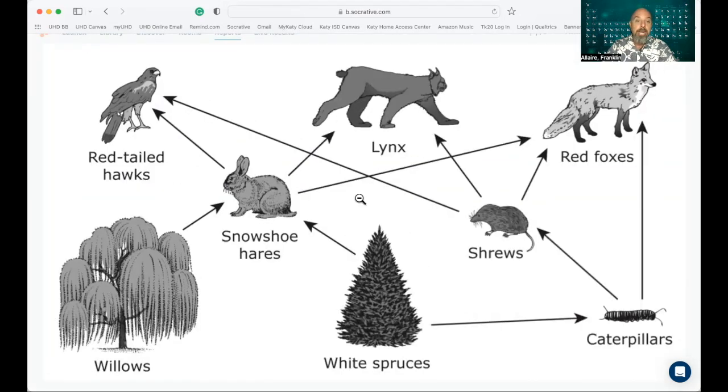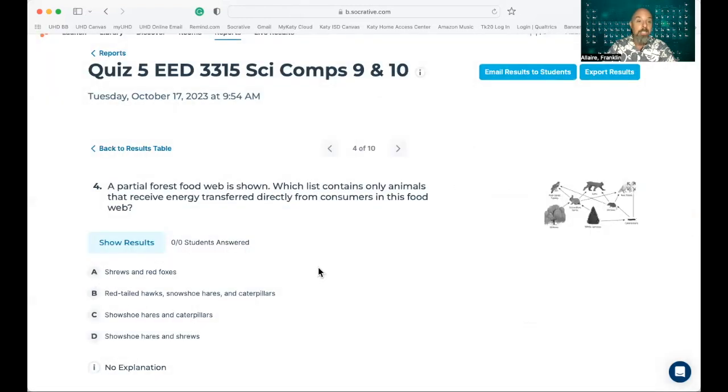So as I mentioned, our snowshoe hare and our caterpillars, they're consumers, but they get their energy by eating producers. So any of these lists in our answers that contain the name snowshoe hare or shrew are going to be incorrect.